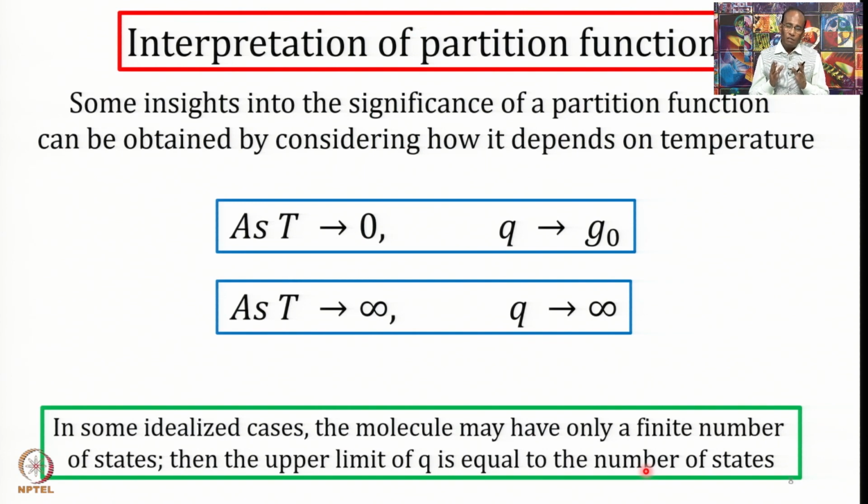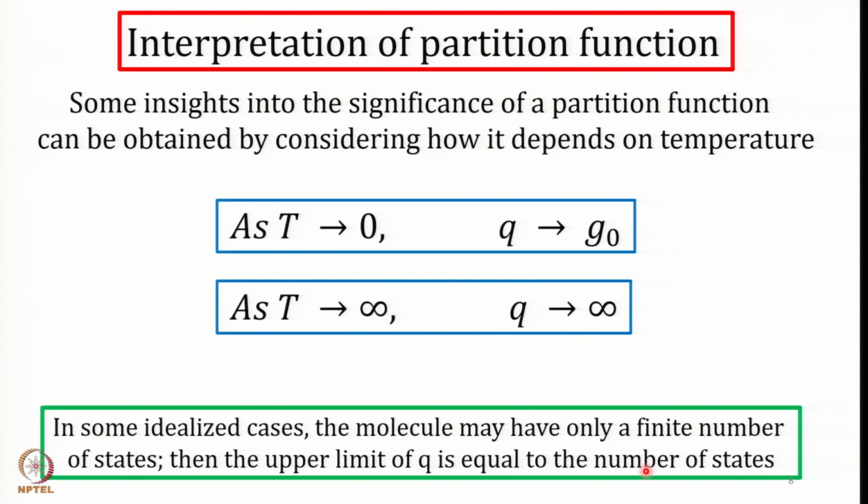Then we were interested in understanding, okay, we know the mathematical expression for molecular partition function, but what does it physically mean? Does it have any meaning? To understand that, we invoked two conditions. Generally, we invoke these kind of two extreme conditions, one is the temperature approaching 0 and the second is temperature approaching infinity.